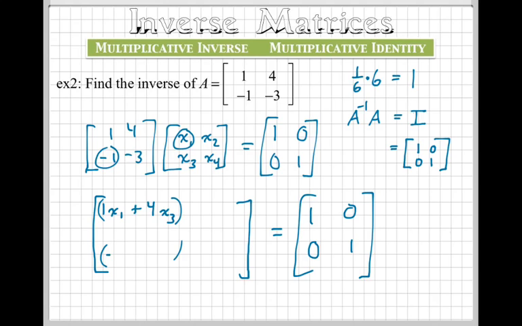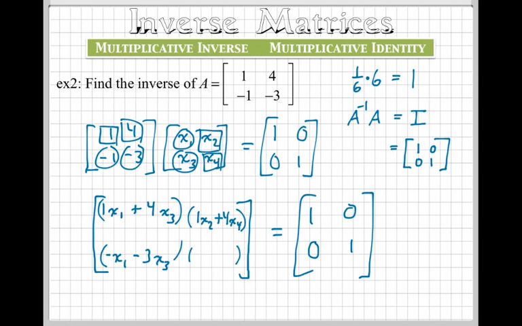That would be negative x sub 1. And then -3 times x sub 3, so it would be minus 3x sub 3. And then right here, we would go back up to the first row. We would go 1 times x sub 2, so we have 1x sub 2 plus 4 times x sub 4, so we have 4x sub 4.